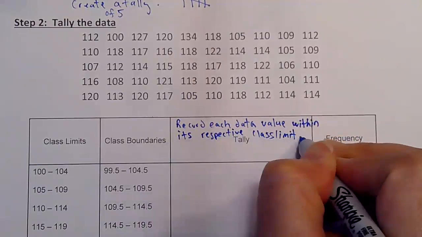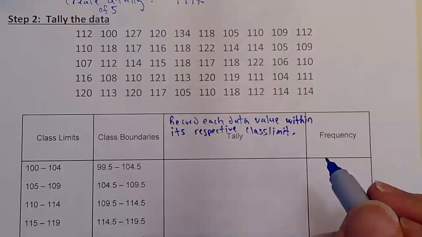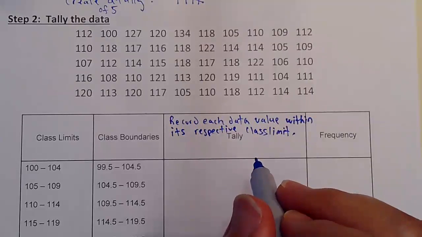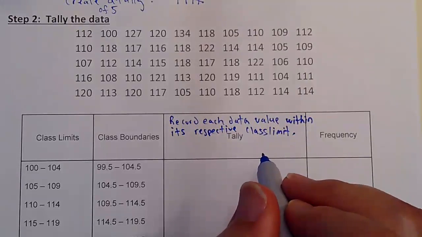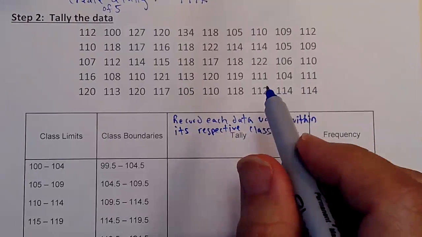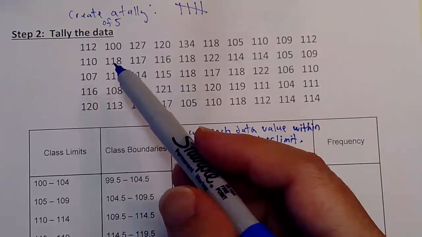Each data value should fall within a certain class limit, and you want to put a tally into the class limit it falls under. So the first one is 112.